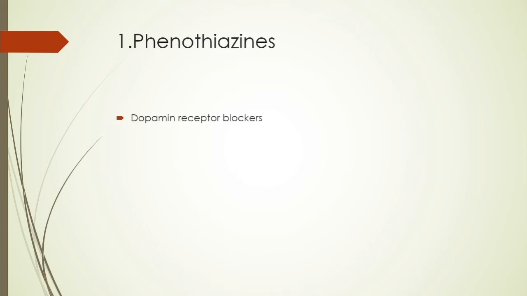Okay, let's move forward to our very first class of anti-emetic drugs, which is phenothiazines. Phenothiazines are basically dopamine receptor antagonists. They block dopamine receptors present in the CTZ, and in this way they block the vomiting reflex and stop the vomiting.